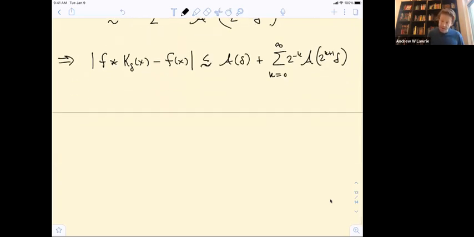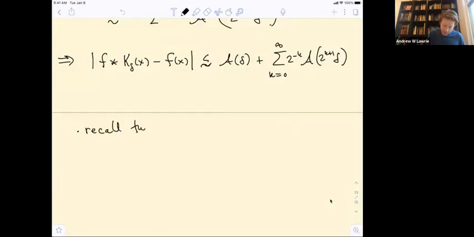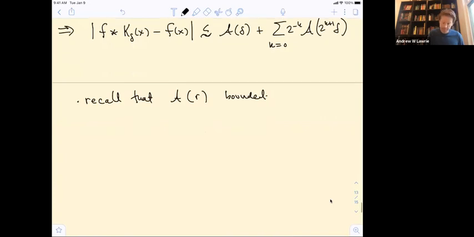So next, recall that a is bounded. So just choose n large so that the sum is small.